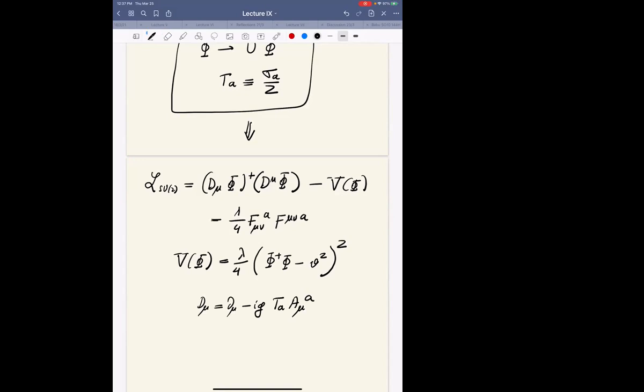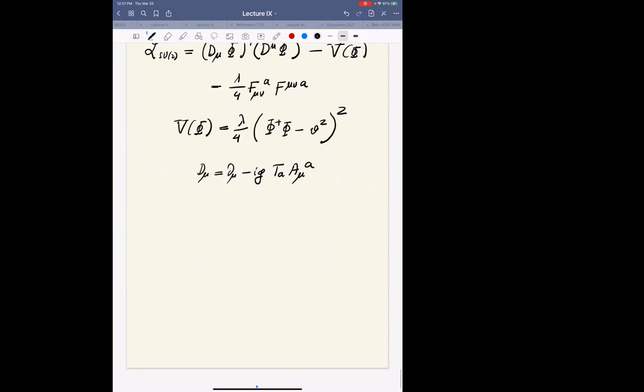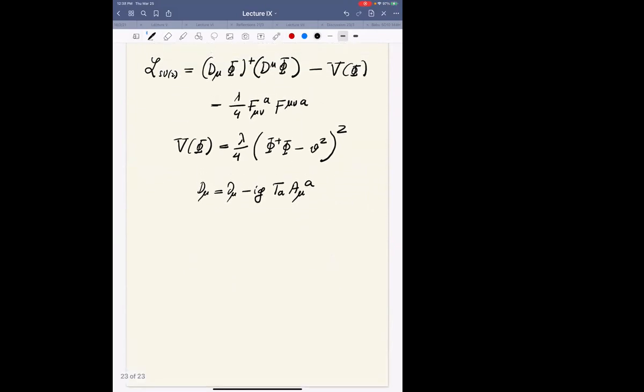I have one last question. I stop here in a few minutes. There is a little subtlety. It is true that this potential is invariant. But when you have a doublet, so phi is a doublet, so that phi goes into U phi. Of course, trivially, phi dagger phi goes into phi dagger U dagger U phi.